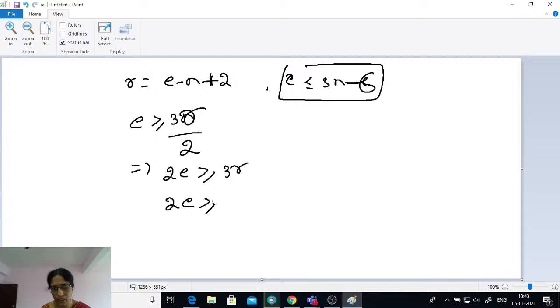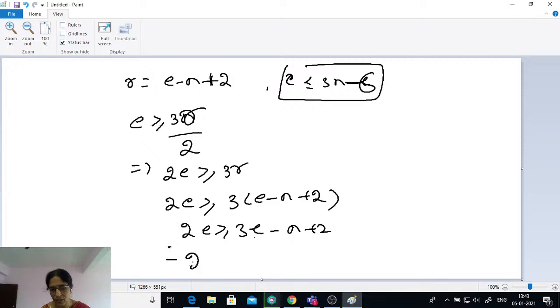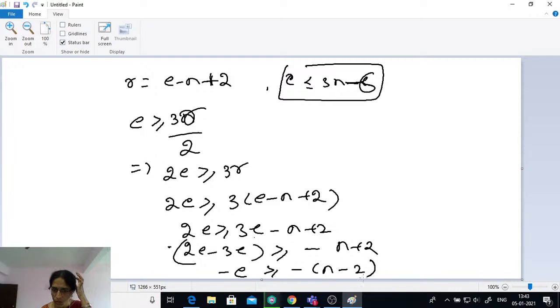So 2e greater than or equal to 3 into e minus n plus 2. 2e greater than or equal to 3e minus 3n plus 6. Here 2e minus 3e greater than or equal to minus 3n plus 6. So minus e greater than or equal to minus 3n plus 6.